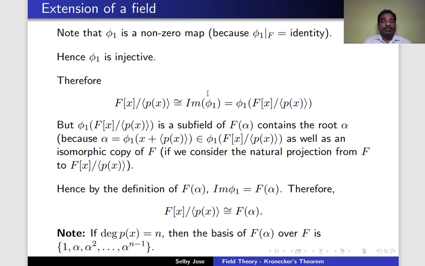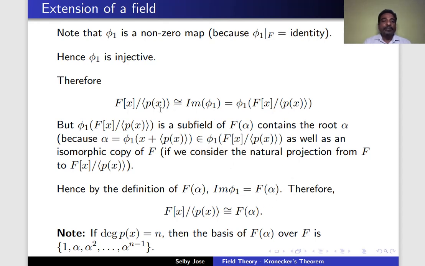So we can think of φ1 of F[x] mod ⟨p(x)⟩ as a subfield of F(α) containing α and F. Therefore, by the definition of F(α), we know that F(α) is the smallest subfield containing F and α, so the image of φ1 is equal to F(α).